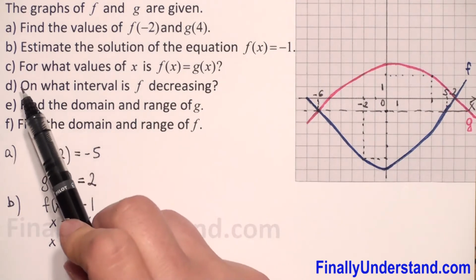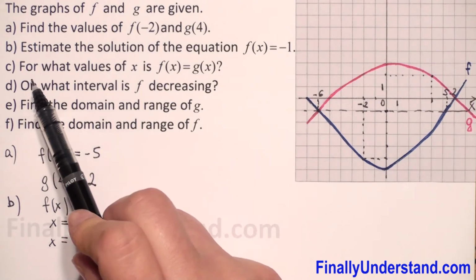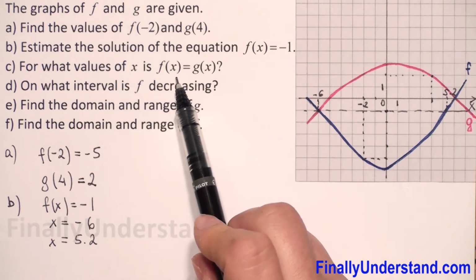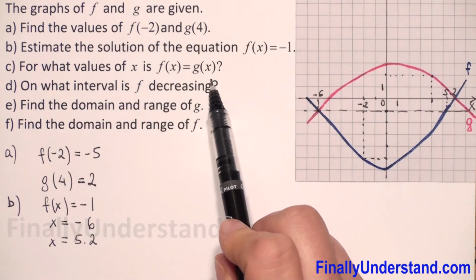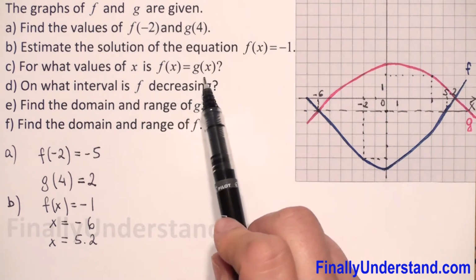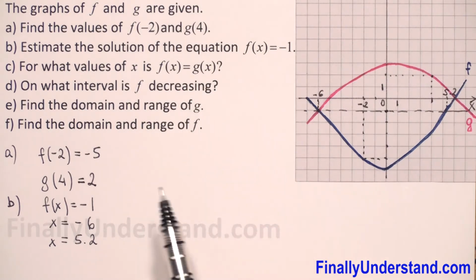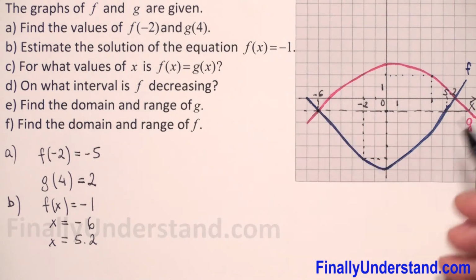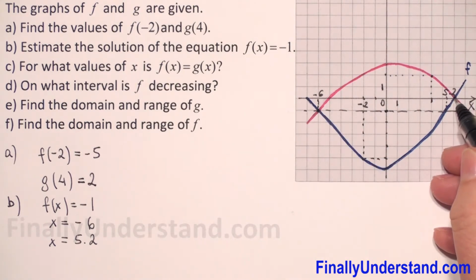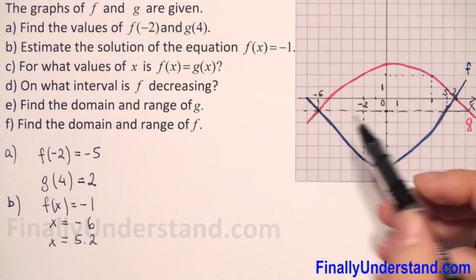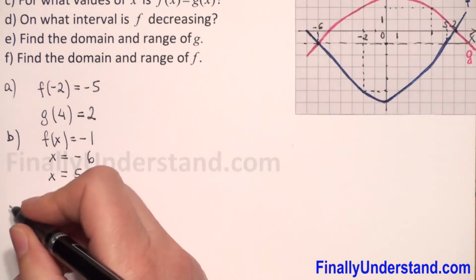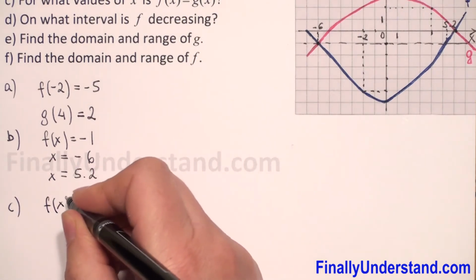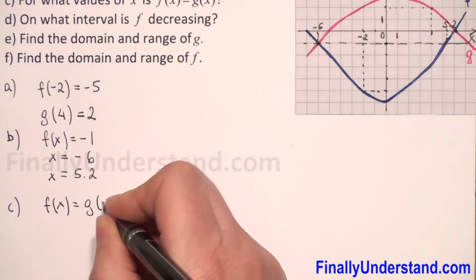Now we have to find for what values of x f of x is equal to g of x. So we have to find the points where these two functions cross. So we see this point and that point. So we have the C question, f of x is equal to g of x.